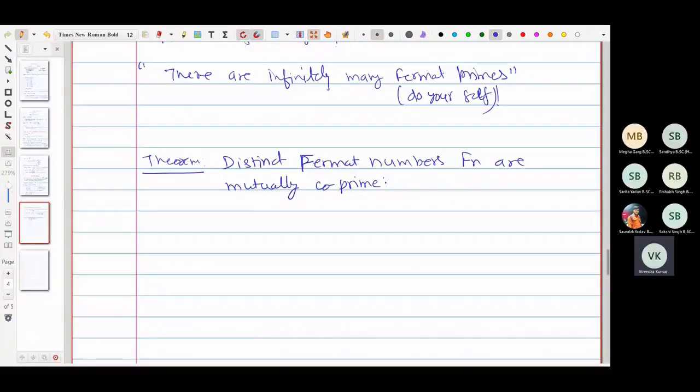So let us see the proof. Let Fn and Fm be distinct Fermat numbers.